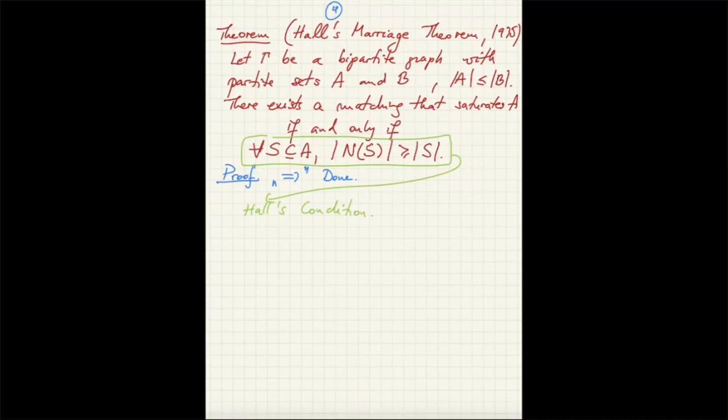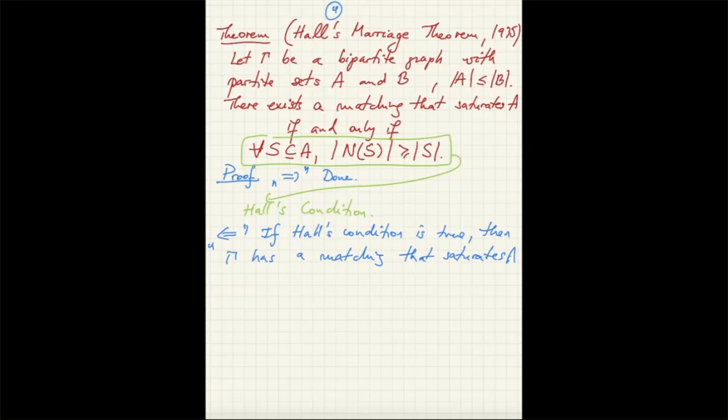What we want to prove now, for the implication from right to left, is that if Hall's condition is satisfied, then gamma has a matching that saturates A. Again, when I say saturates A, it means it saturates every vertex of A.